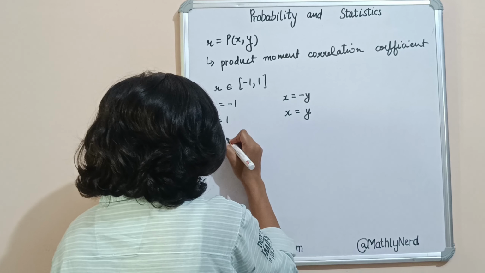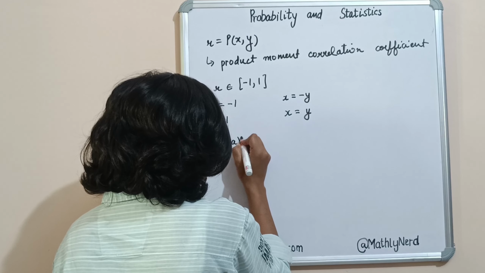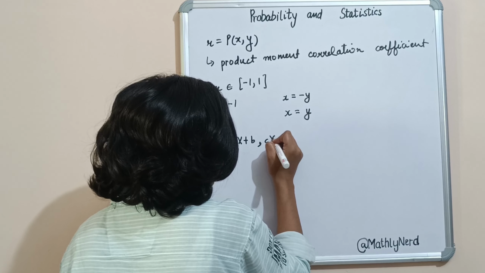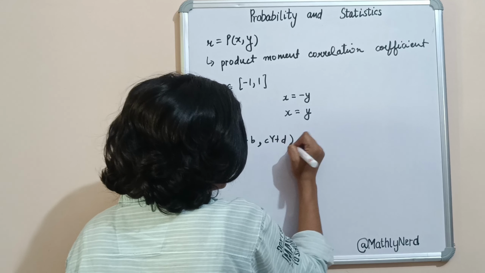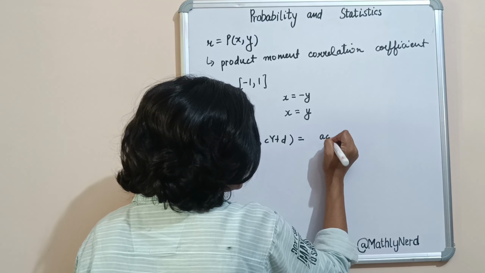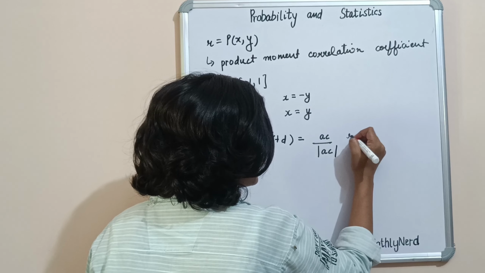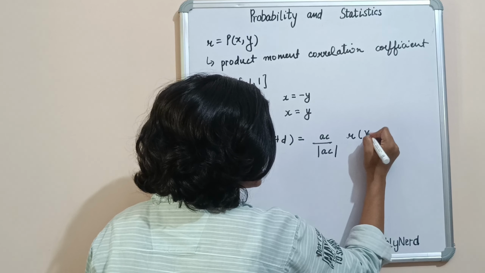That means r of (ax plus b, cy plus d) equals ac upon absolute value of ac times r(x, y).